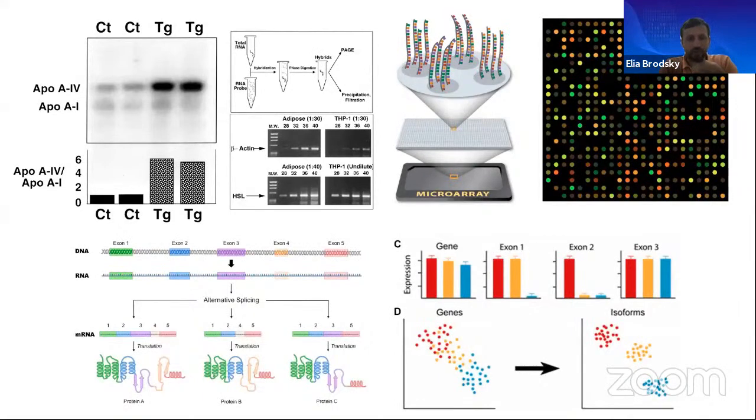RNA-seq, as opposed to all of these platforms that we already discussed, has a wider dynamic range. As you can see right here, what's important about RNA is that when it is translated, there's an alternative combination of exons that are spliced together to form the transcript that will become a protein through translation.